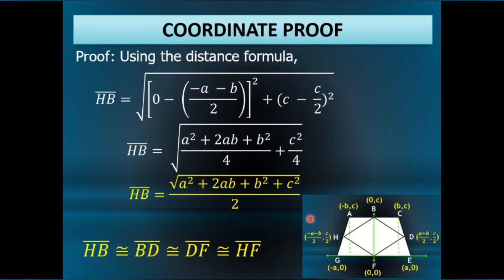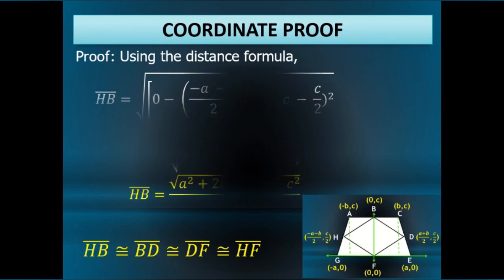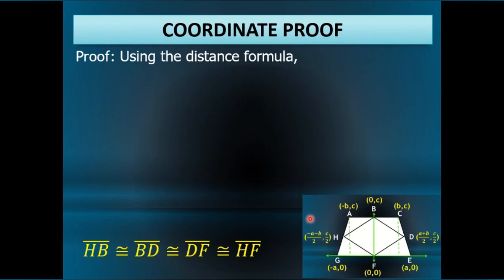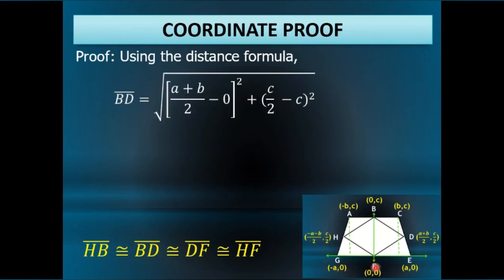How about the distance between point B and point D? So again, using the distance formula, so our point B to point D, so we have a plus b over 2 minus 0 squared plus c over 2 minus c squared.